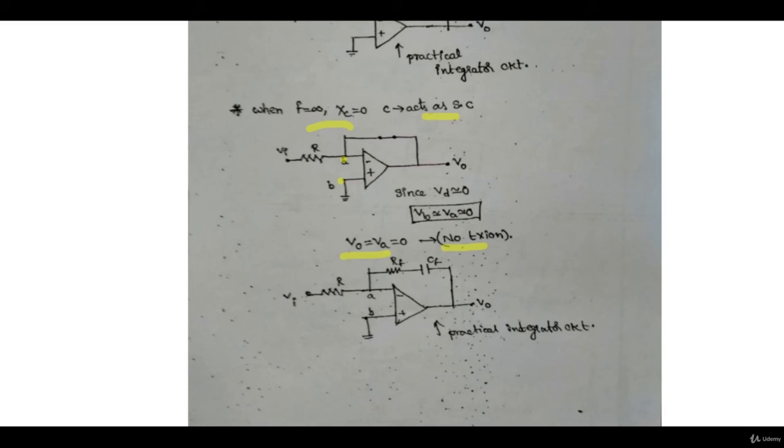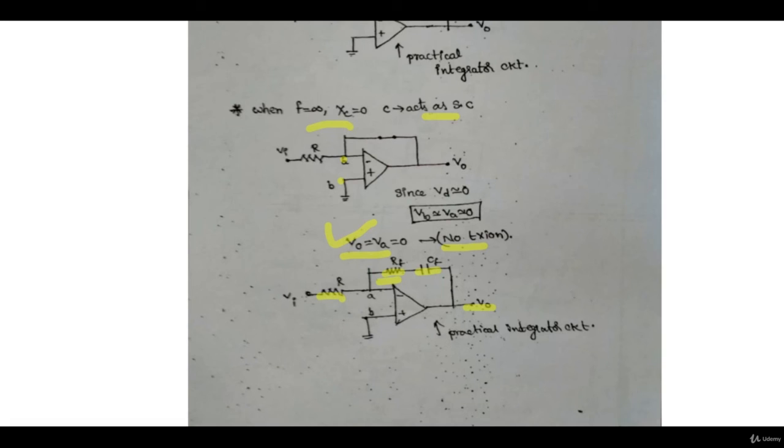But there can be a resistance attached to it in series if you want some particular gain. So just in case you don't want V0 equal to 0 at a high frequency, if you want some gain, then this capacitor will be short and a resistance connected in series, so that you will get a finite gain at the output.